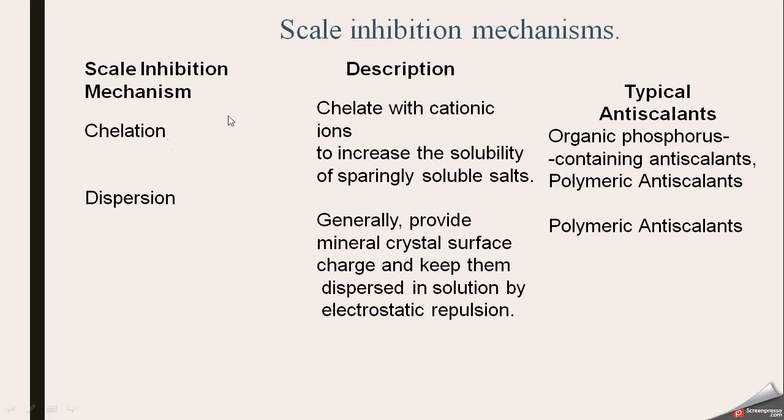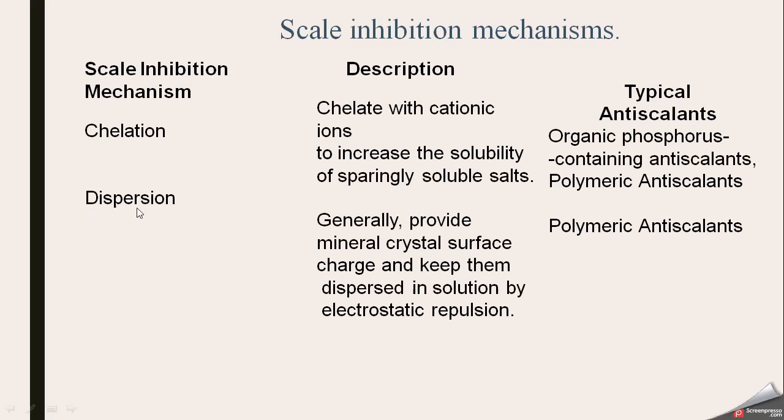During chelation, the anti-scalant captures cations like calcium and magnesium, making a complex, so less free calcium ion is available and their solubility increases. Typical antiscalants are organic phosphorus compounds like phosphonate type, and some polymeric antiscalants.